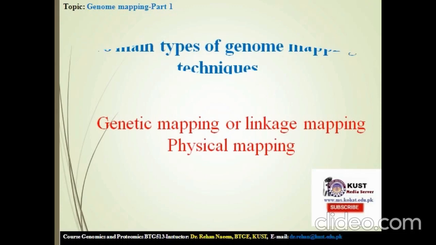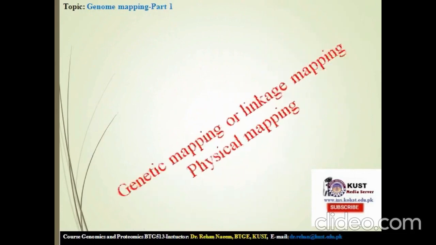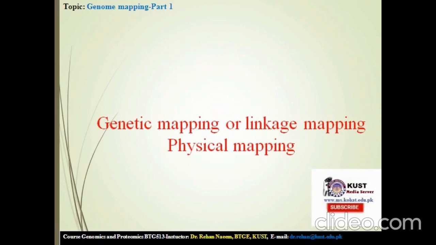We have two main types of genome mapping. The first one is known as genetic map, or you can say genetic mapping or linkage mapping, while the other one is known as physical mapping.